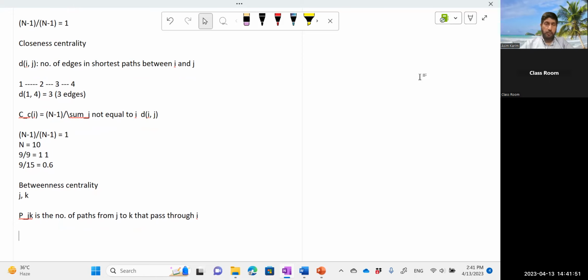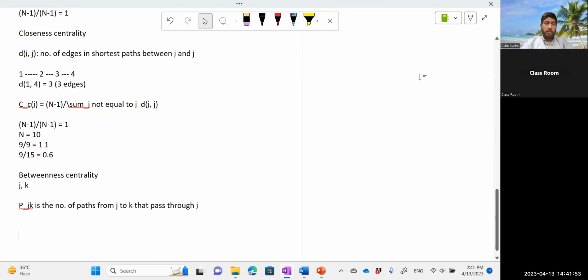And then we will also need the distance. We have already defined the distance Dij as the distance from... I'm just trying to figure out the formula, it slipped my mind a bit. Okay. So betweenness centrality of I is equal to... So P is the number of paths, and then we have to divide it by the distance.